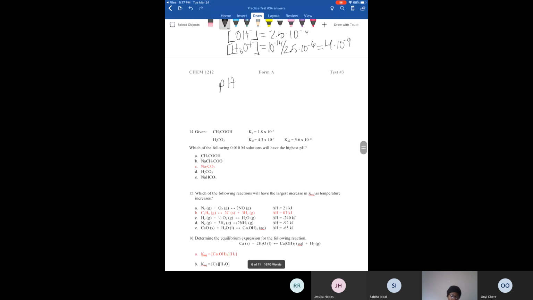Okay, so which of the following 0.01 molar solutions will have the highest pH? You know it's going to have the highest pH if it has the lower Ka.